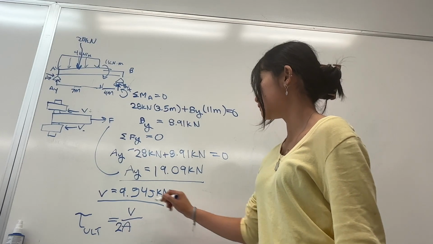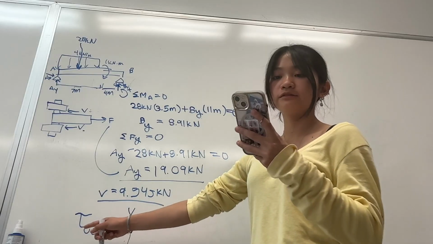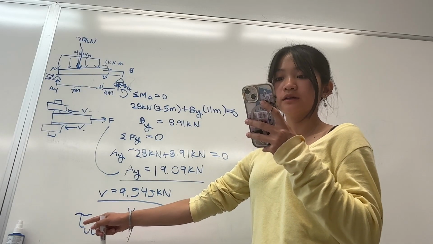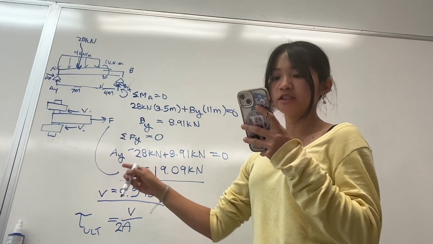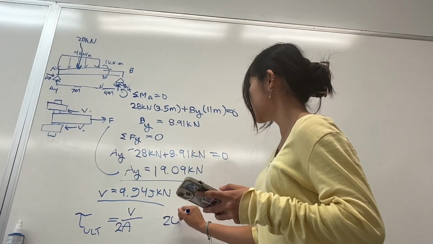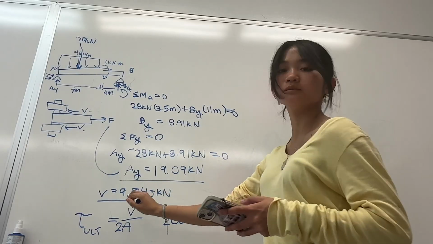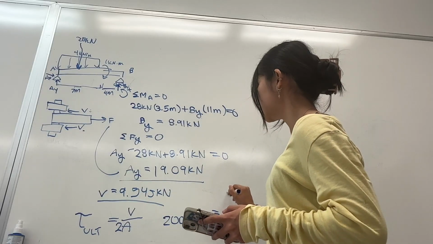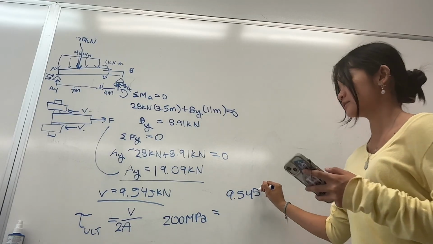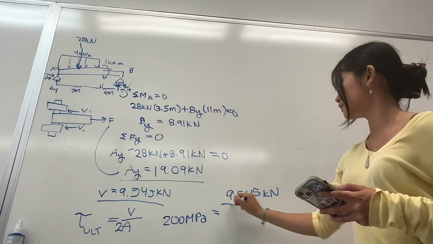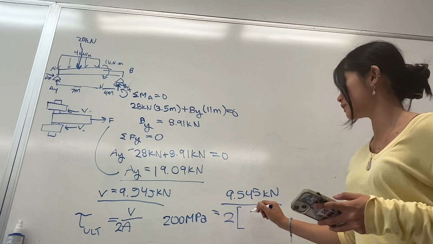So we have our given ultimate shear stress, which is 200 megapascals, is equal to what we just solved for. V equals 9.545 kilonewtons times 2, and then area.